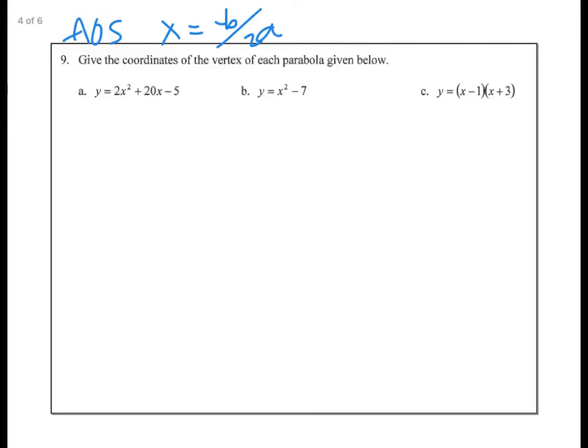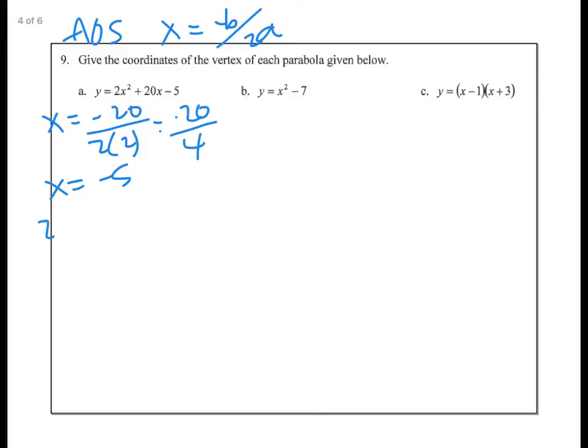So let's start with a. Finding my axis of symmetry, x would be the opposite of b, so negative 20 over 2 times a, which is 2. So that gives me negative 20 over 4, so x is negative 5. So I have my x value for my vertex. Now I need the y, obviously, because I need the coordinate pair. I'm going to plug that back in.